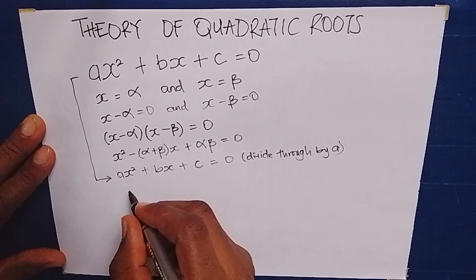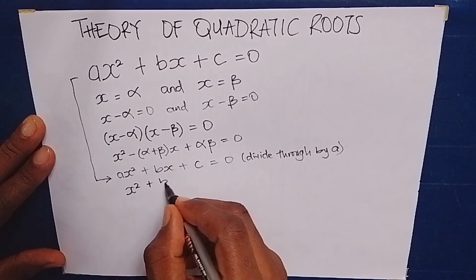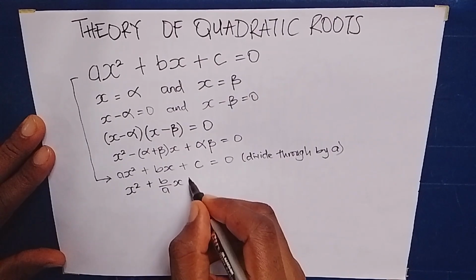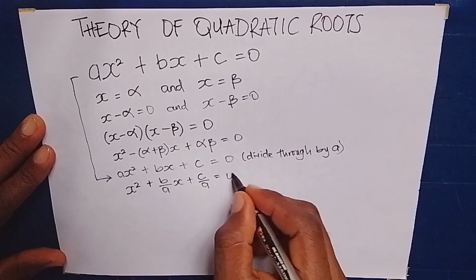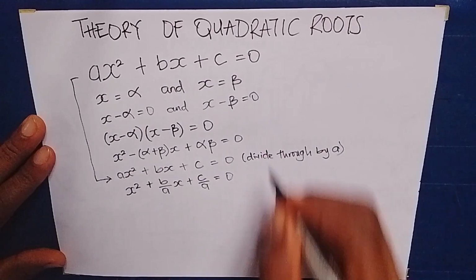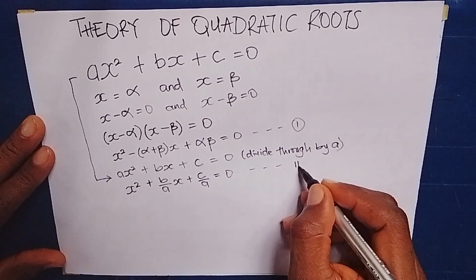So dividing this through by a, we'll have x squared plus b over a x plus c over a equals to 0. So let's call this equation 1 and let's call this equation 2.